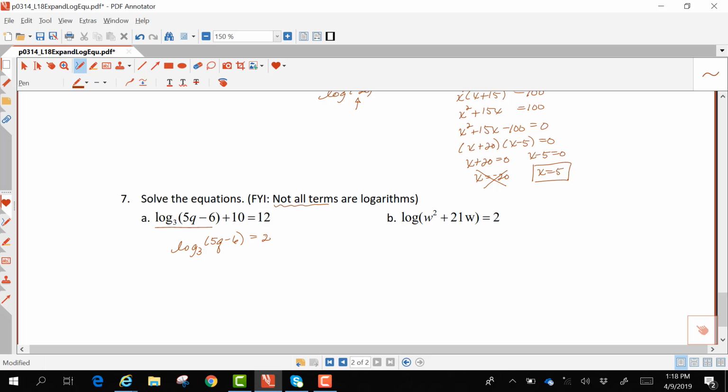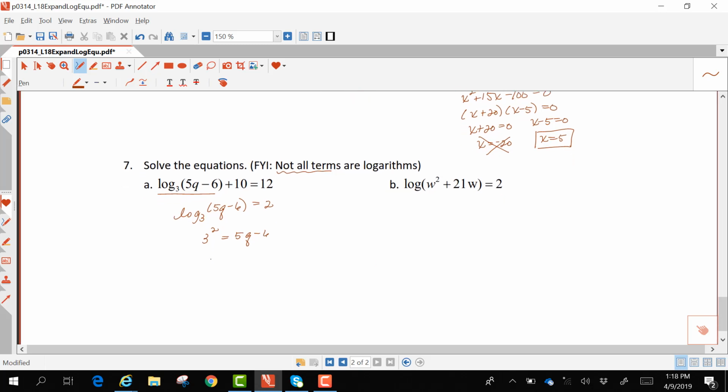Once I get one logarithm equal to a number, then I can change it from a logarithmic equation to an exponential equation. So converting this logarithm to exponential would be 3 squared equaling 5q minus 6.